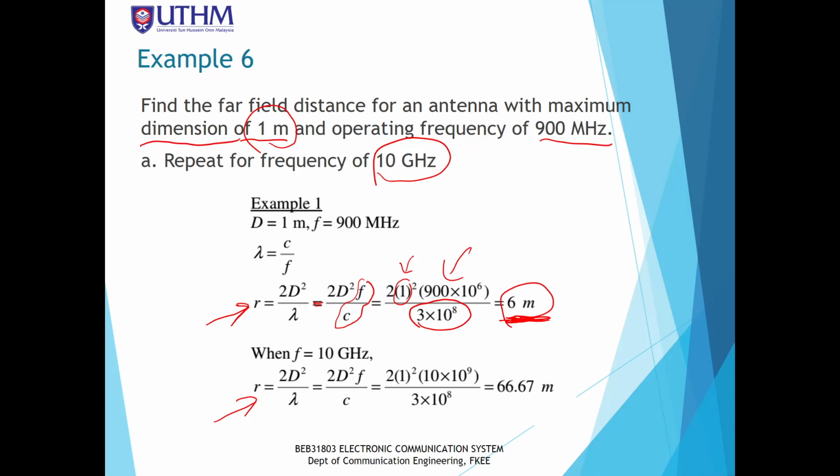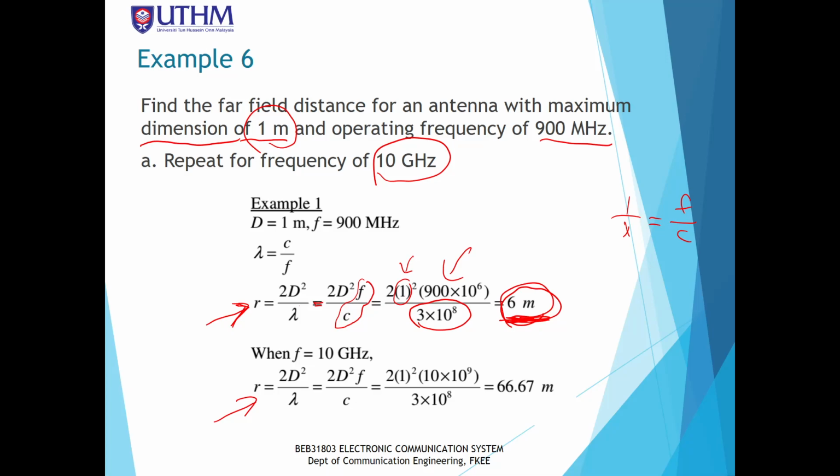So that's why F over C. And you put inside the parameters, so you get the answer 6 meter. Remember F over C is actually 1 over lambda. So that's why in this example it substitutes the 1 over lambda with F over C.